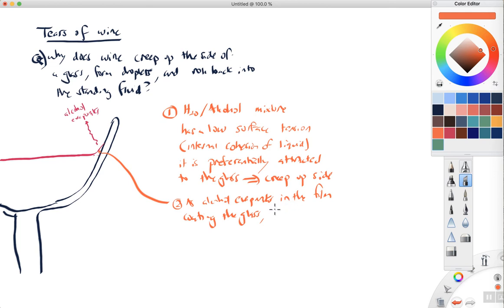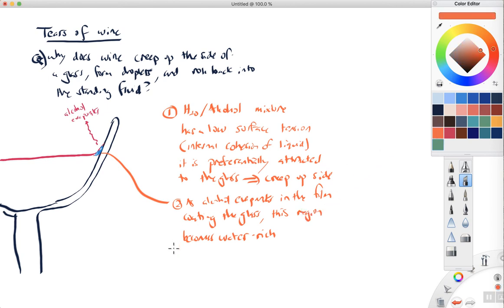This region becomes water-rich, because the alcohol is left. So this region right in here is fairly rich in water. So I'm going to maybe color this a little bit more blue because it becomes more water-rich. Okay, and what happens then?